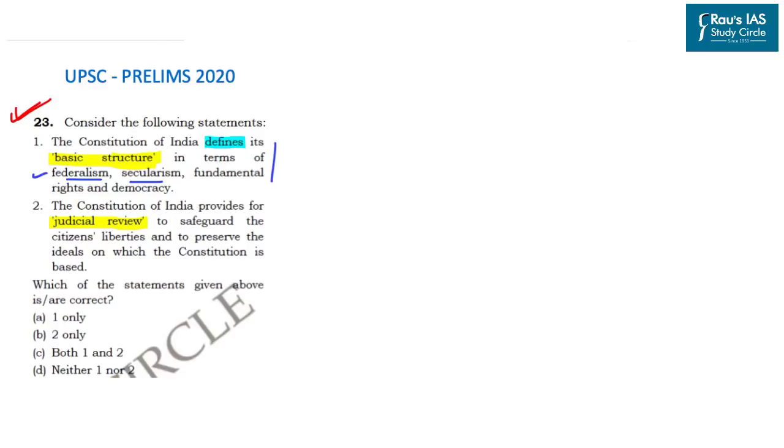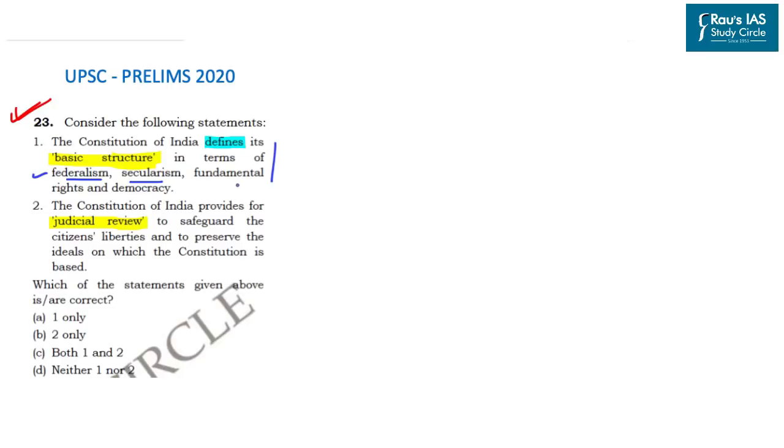And here in this particular question, you need not know which of the following are part of the basic structure. So even if you know whether the Constitution of India has defined basic structure as one of the provisions or within one of its articles, or the term basic structure doctrine has come from somewhere else, namely through a Supreme Court judgment of Kesavananda Bharati case as discussed earlier.